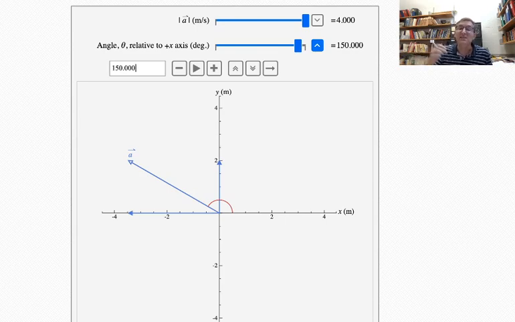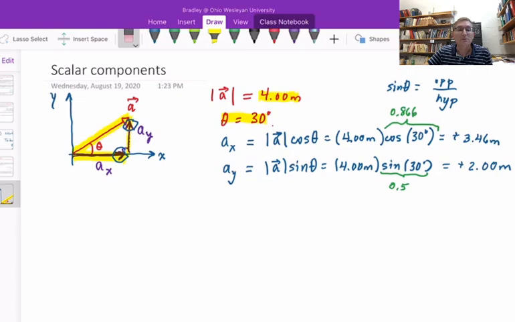Notice it points into the second quadrant. And you can see how that animation has drawn the x and y scalar components. I'm going to draw my own picture now of that situation and have us calculate the components. All right, back to the screen here. Let me draw an XY coordinate system right here.